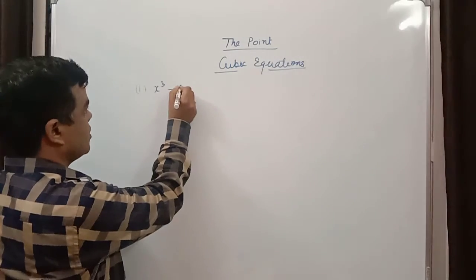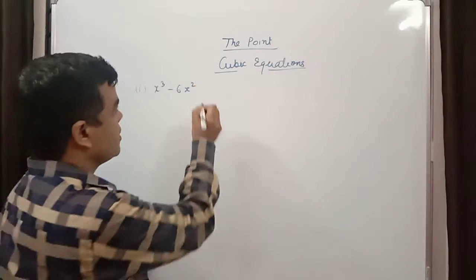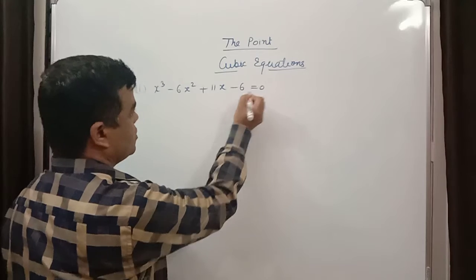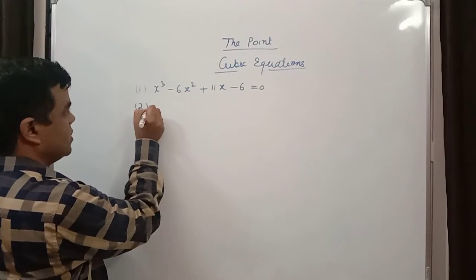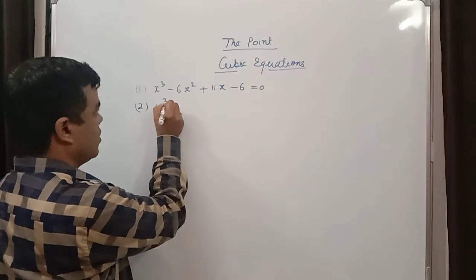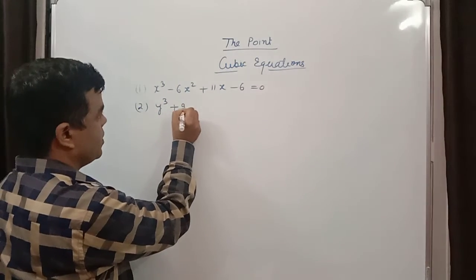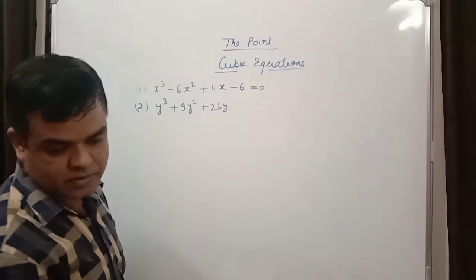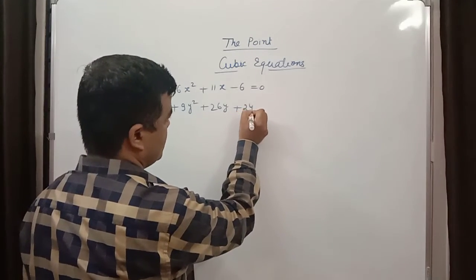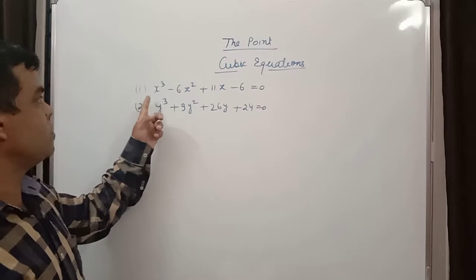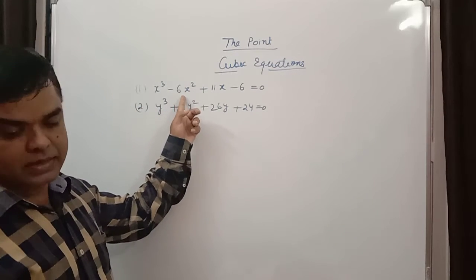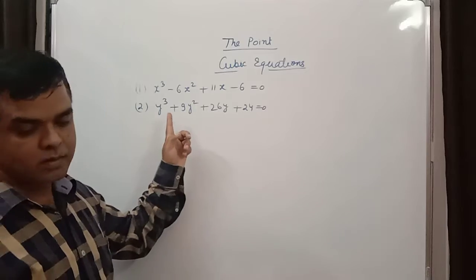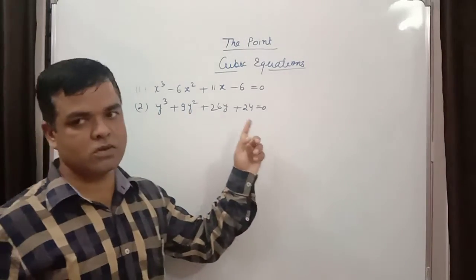The first is x cube minus 6x square plus 11x minus 6 is equal to 0, and the other equation is y cube plus 9y square plus 26y plus 24 is equal to 0.